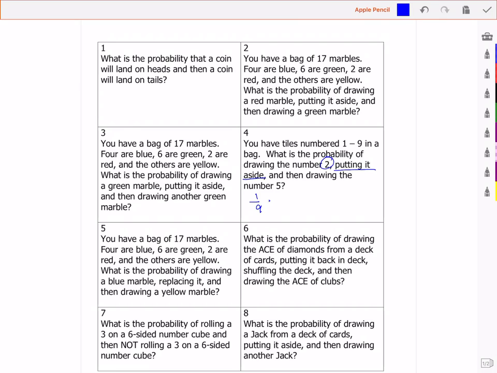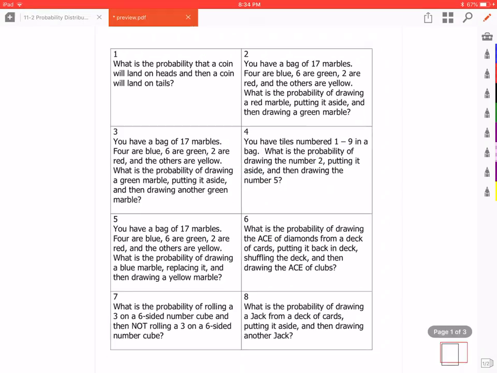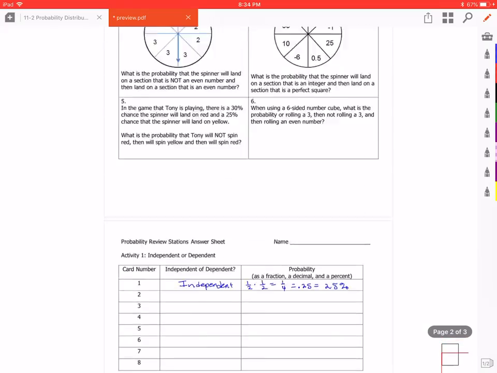And then when we go to draw the second one, there's one less now. There's only 8 to choose from because that 2 is out, and one of those is a 5. So you just multiply those 2 together, and you'd have 1/72.